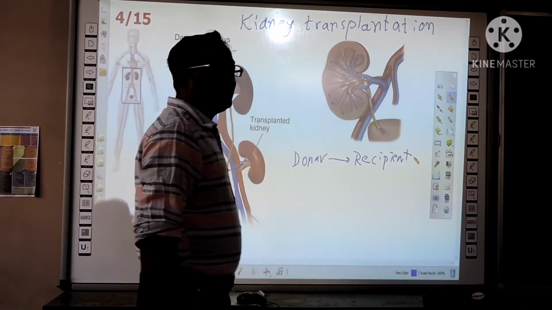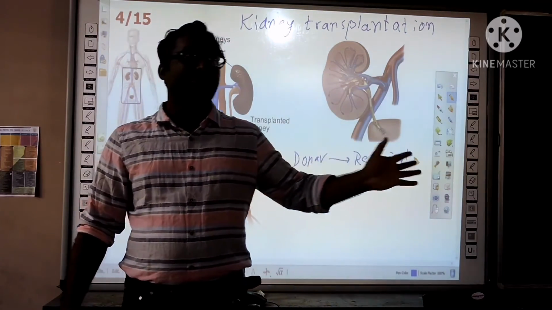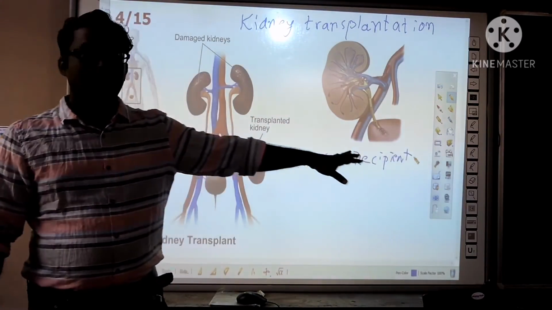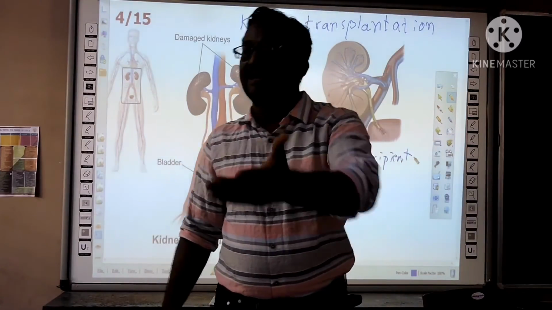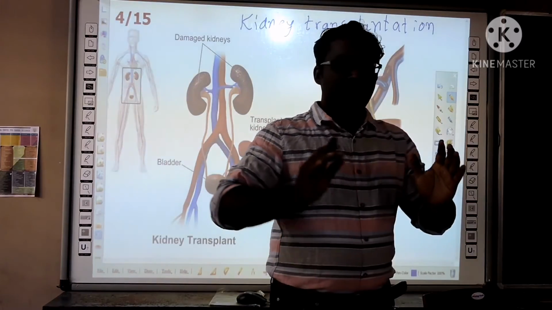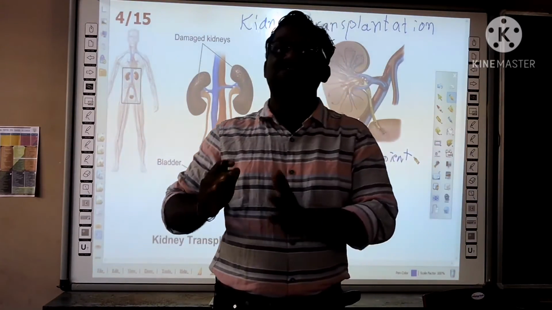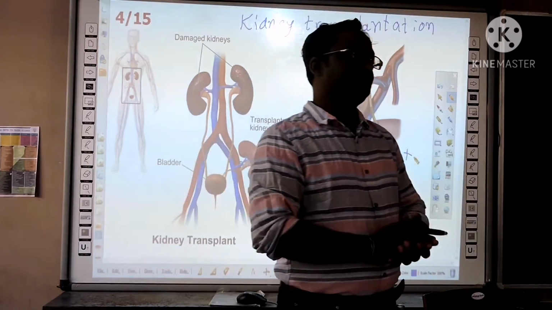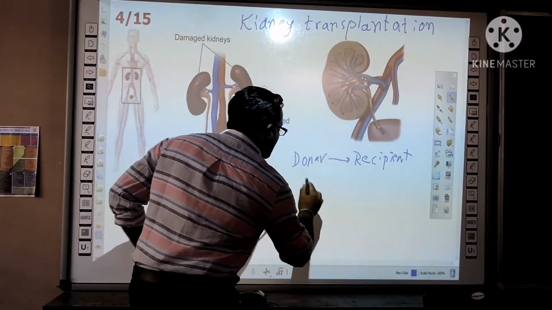But all types of donors cannot match the recipient. The donor should be a close relative, that means a blood relative. Why? Because the new kidney should match the recipient genetically. Otherwise, the immune system does not accept the new kidney.